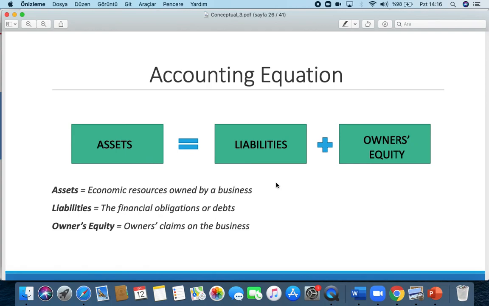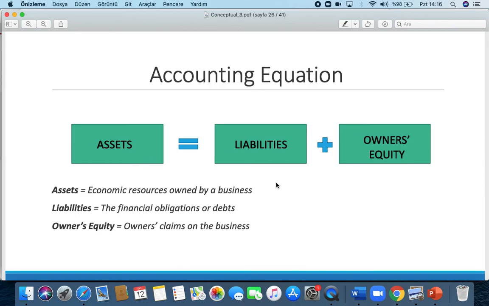Okay? And the bank granted you, let's say, 10,000 Turkish liras for that loan. And you have that money on the deposits of the bank. Okay? So your company now has 10,000 Turkish liras.